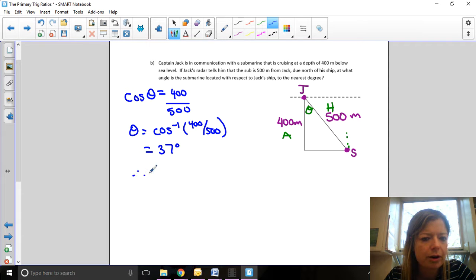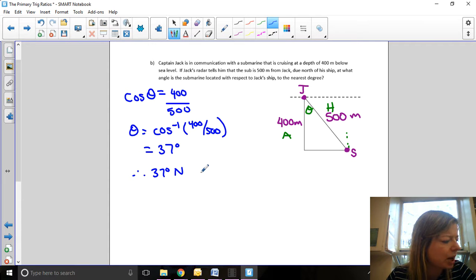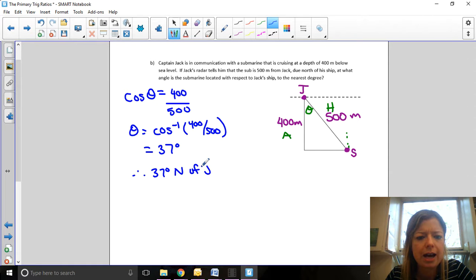So therefore, the submarine is approximately 37 degrees north of Jack's ship with respect to a line pointing straight down. So approximately 37 degrees north of Jack, and you can write WRT for with respect to a line pointing straight down.